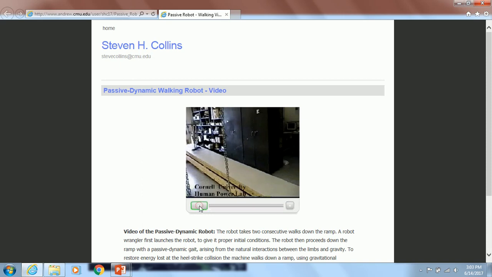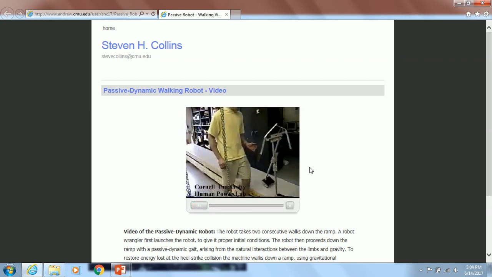Passive dynamics is a branch of robotics where people essentially try to create robots that can walk like humans, and the passive portion of this means that there are no motors controlling these. They are just organized in a mechanical fashion so that they're able to continually walk. If we take a look at this, I apologize that this is a small video screen and it doesn't allow me to make it bigger.